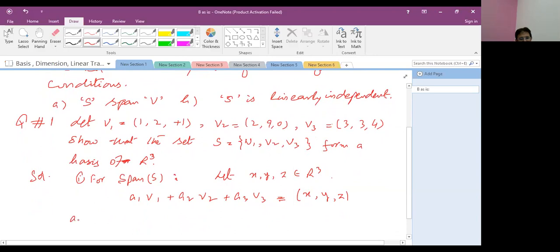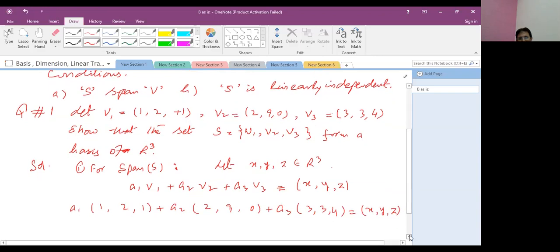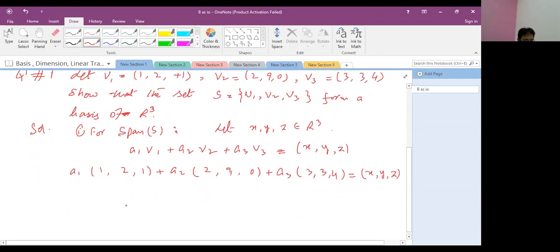So according to the condition, we write the vectors: A1 V1 plus A2 V2, where V2 is (2, 9, 0), plus A3 V3, where V3 is (3, 3, 4), which is equal to (x, y, z). We formed an equation: A1 multiplied by 1, A2 multiplied by 2, A3 multiplied by 3. So it means A1 plus 2 times A2 plus 3 times A3 is the first expression.